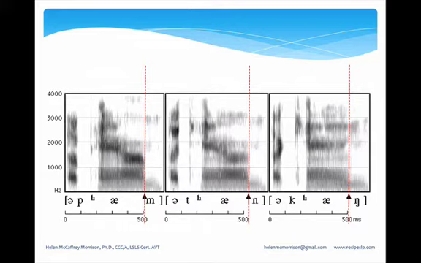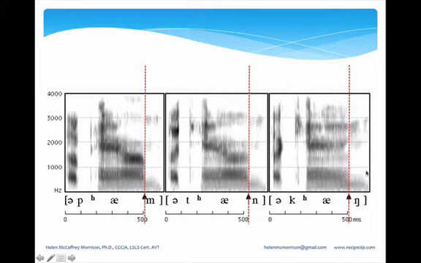And what we see here is the low frequency nasal murmur. It's very broad, and that's that nasal murmur. And then what we also see is that the upper frequencies are really weakened in nasal production.